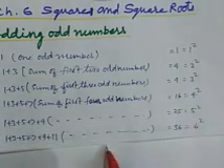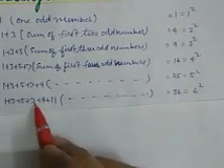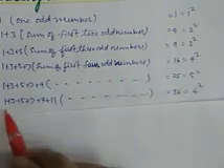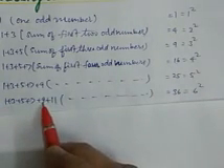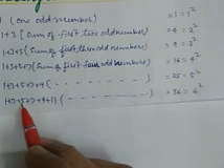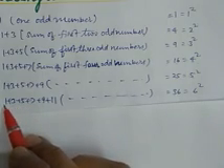Okay. Now we check 1, 2, 3, 4, 5, 6. So 6 square is 36. And here 11 plus 9, 20 plus 7, 27 plus 5, 32 plus 3, 35 plus 1, 36.